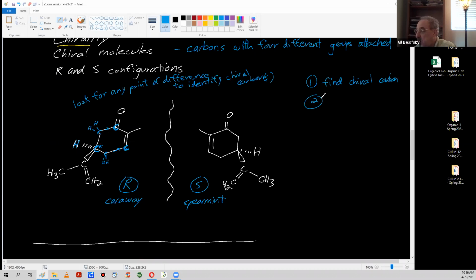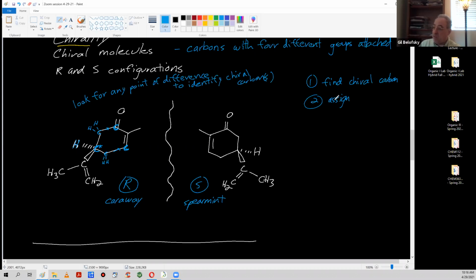The second thing is to assign priority groups, which is almost all the work of all of this. You have to assign priority groups 1, 2, 3, and 4 to the groups around the chiral carbon. And that's most of the work.